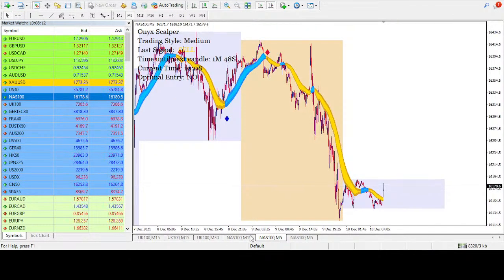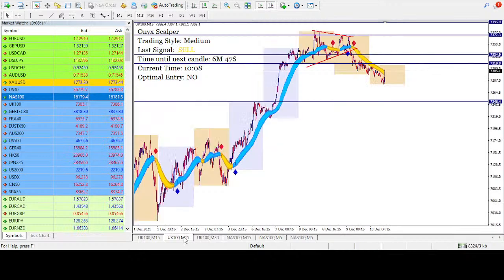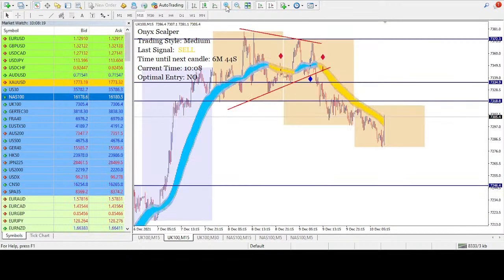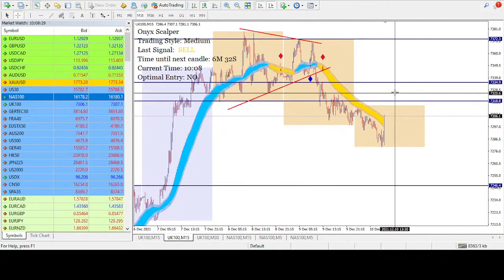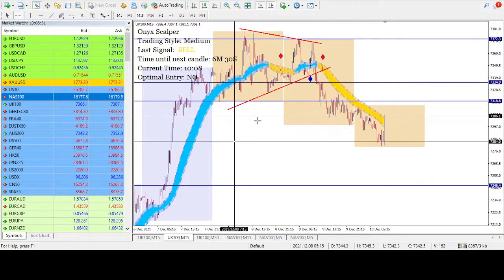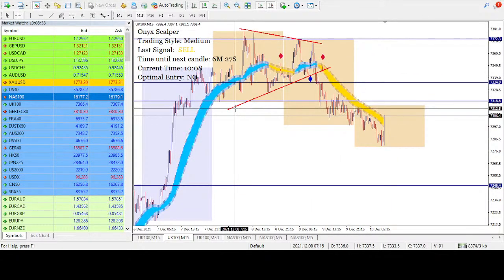Oh, and I wanted to show you guys something before I continue with NAS 100. Remember, guys, yesterday when we were doing the analysis with the Onyx scalper, we did our support and resistance lines based off the daily highs and daily lows of the indicator, and then we had our trend lines.